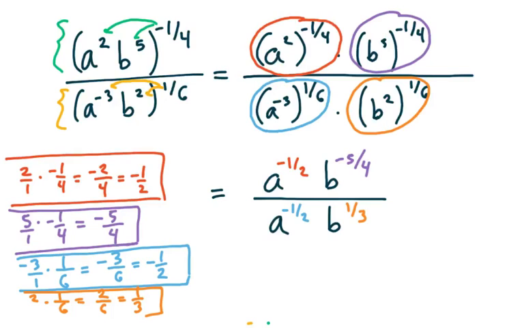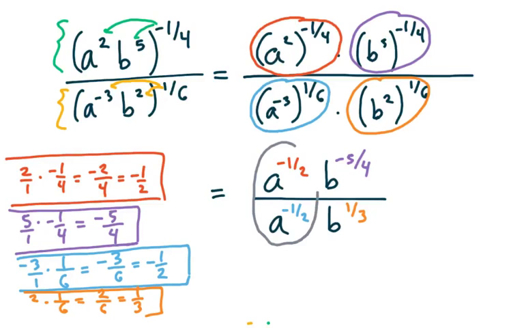All right, so I hope you're with me so far. This was a lot of work to get to this point, but again, what we've done is we've cleaned up the top of the fraction and the bottom of the fraction somewhat basically independently, right? We were able to work them independently. Now is when we need to start considering how do we clean up top to bottom. So let's talk about these a terms.